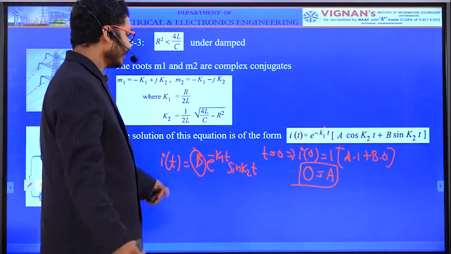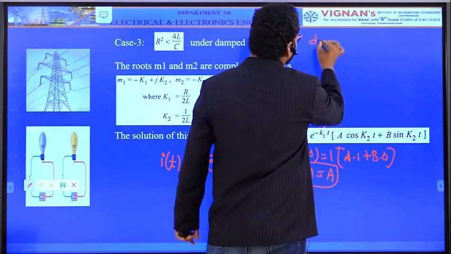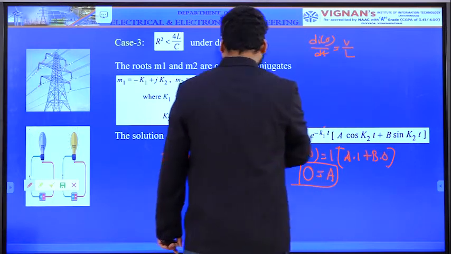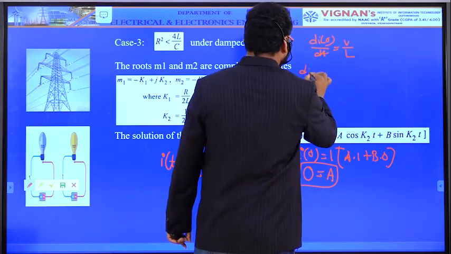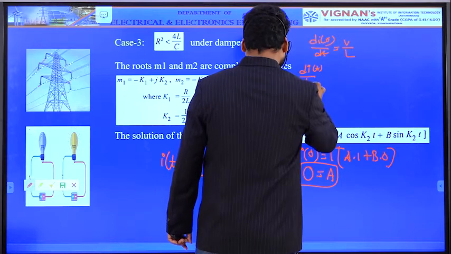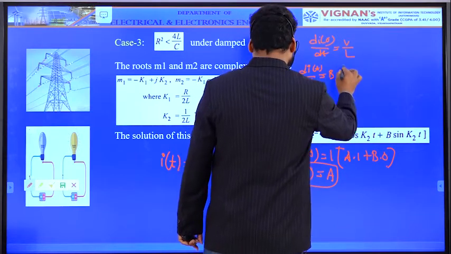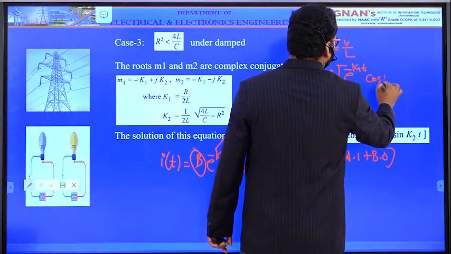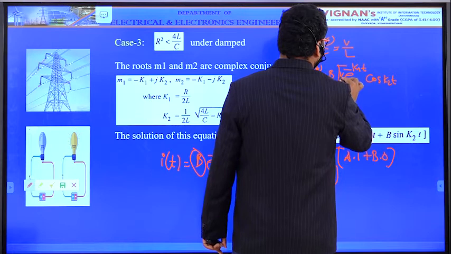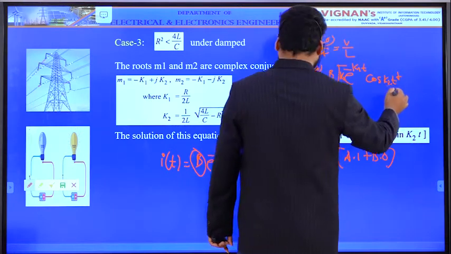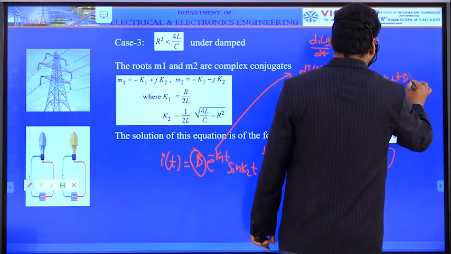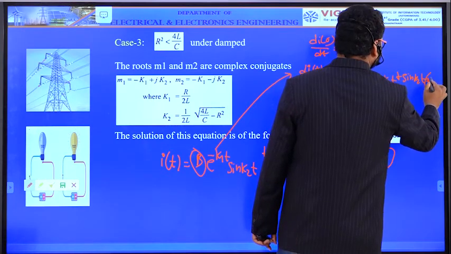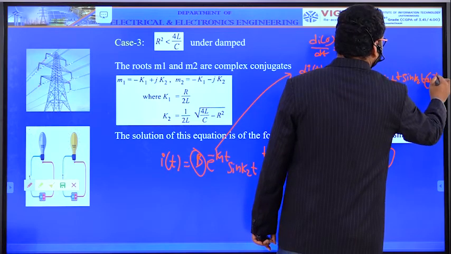We already have that di of 0 by dt equals V by L. So take the derivative of this equation: di of t by dt equals b into e to the power of minus k1t cos k2t, with k2 from the inner derivative, plus sin k2t times minus k1 e to the power of minus k1t.